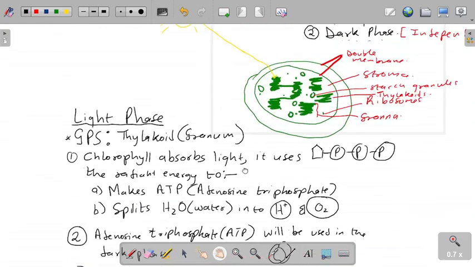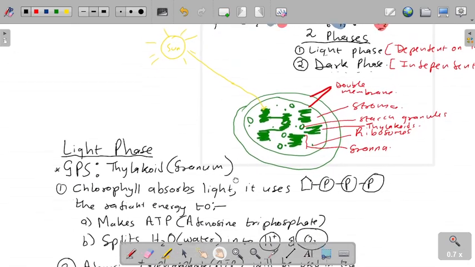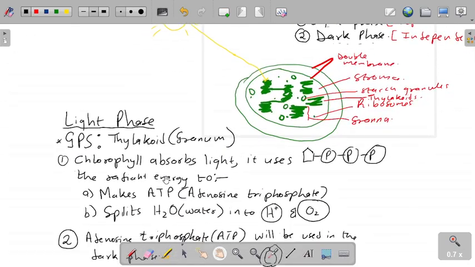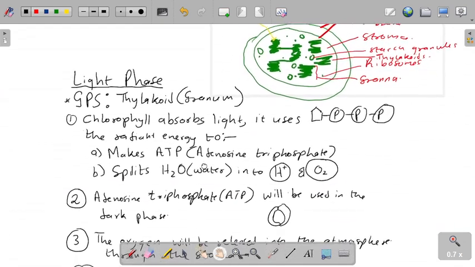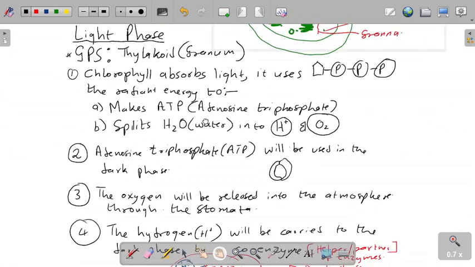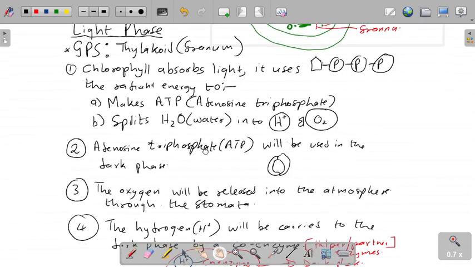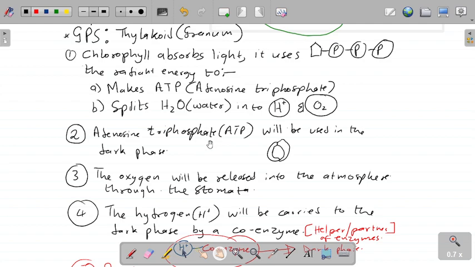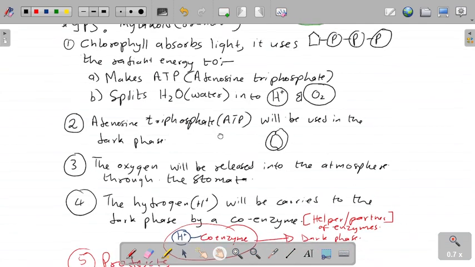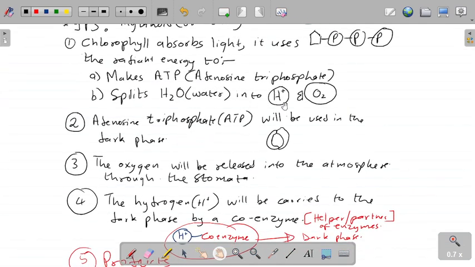Light penetrates the chloroplast, goes to the grana in the thylakoid. Then the chlorophyll absorbs light and uses it to make adenosine triphosphate, which is energy. It splits H2O into hydrogen and O2, and then the hydrogen is kept.